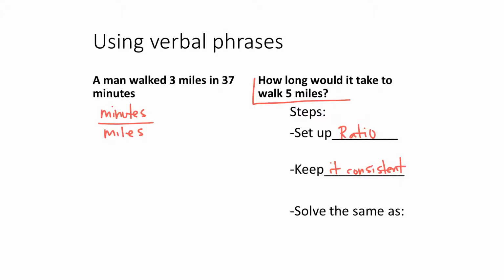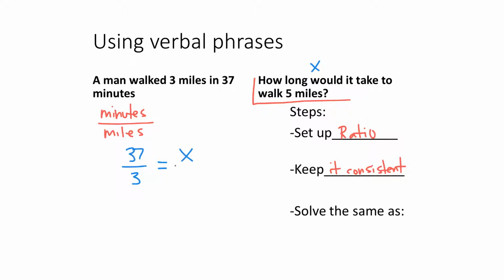And so the way that we're going to do this is we're going to set up a proportion. We're going to take the one thing that we do know, 3 miles in 37 minutes, and say that that gives us 37 divided by 3. That needs to be the same as, we're going to say, how long would it take. So that is our variable, that is our x, that is what is missing.